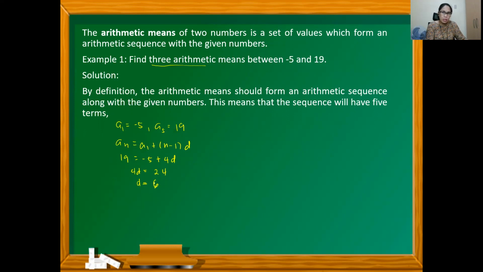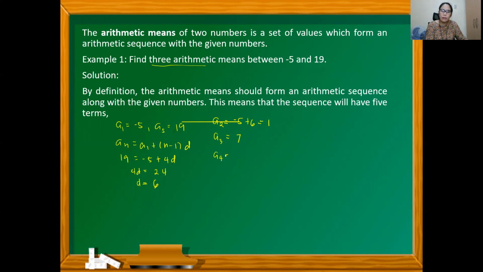Finally, we can use d to obtain the required arithmetic means. Thus, we can come up with a sub 2 here. Since a sub 1 is -5, we'll just add 6. So a sub 2 is 1. And then for a sub 3, we'll just add 6. So 1 plus 6 is 7.